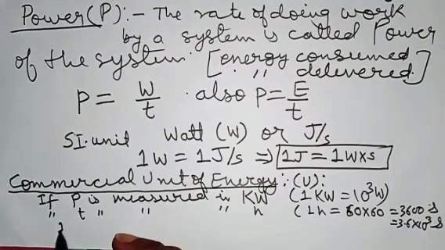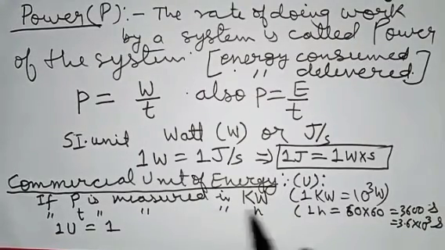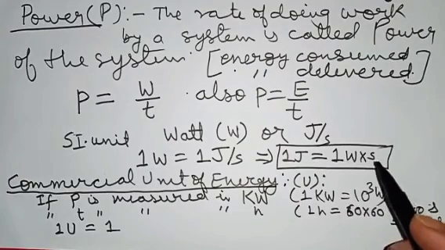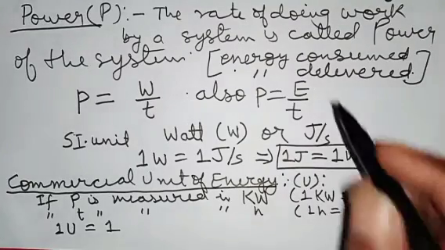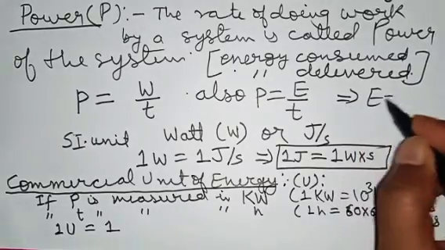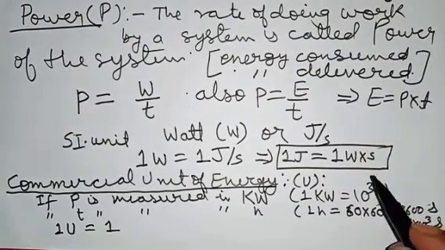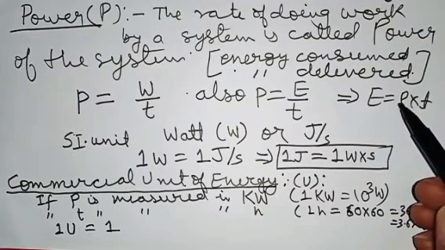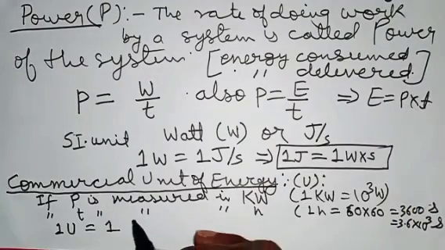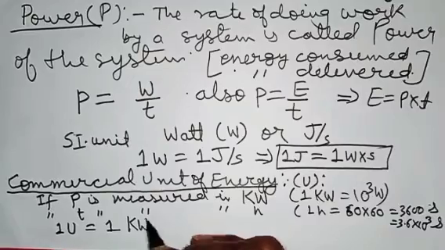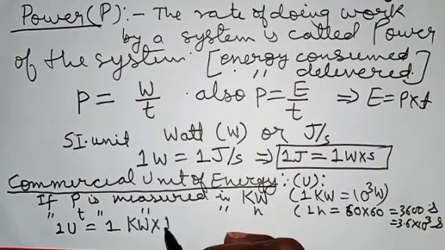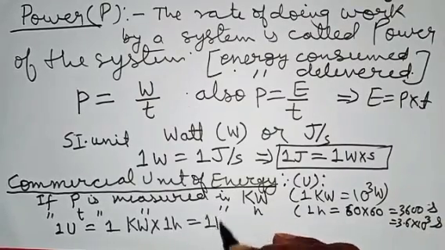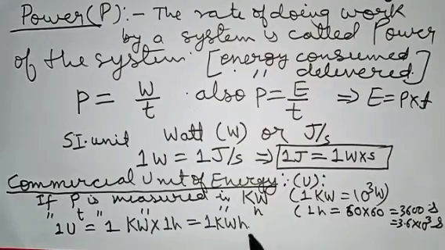So 1 unit is equal to, we'll multiply both of them, like here watt multiplied by second, like here energy equal to power multiplied by time. So in order to derive commercial unit of energy, we will measure power in kilowatt and time in hour. So this is 1 kilowatt hour. This is what commercial unit of energy is.